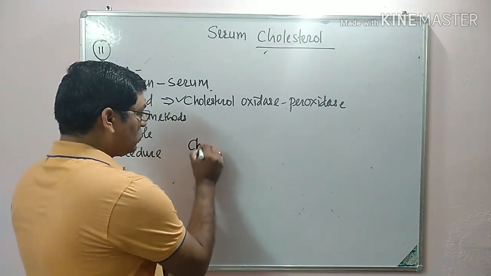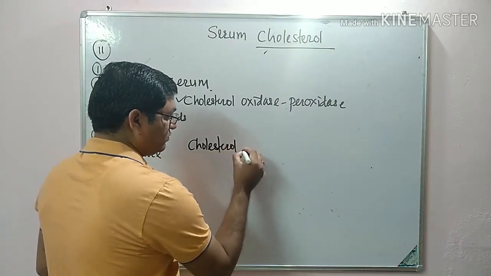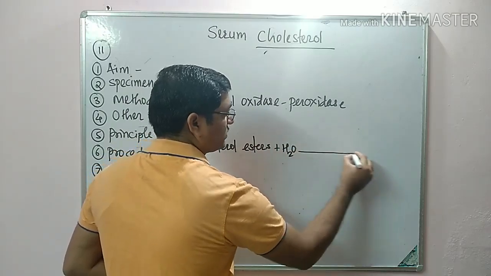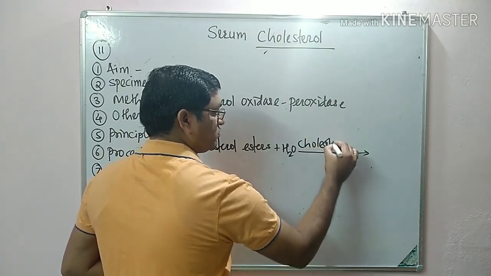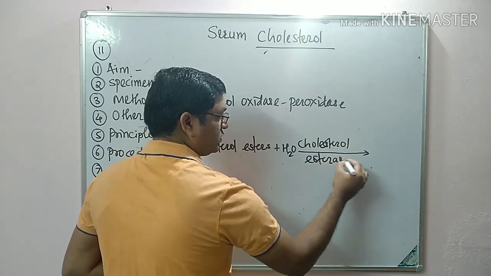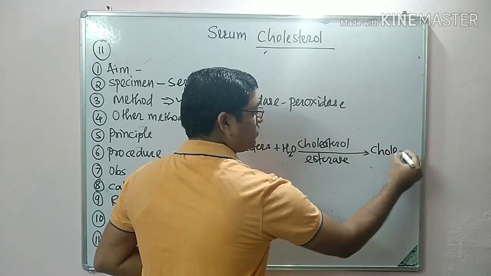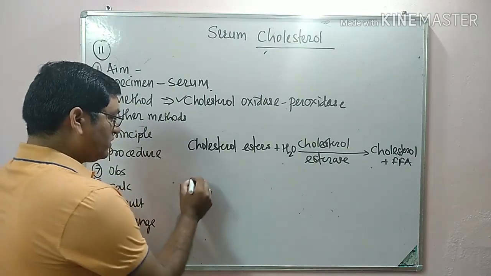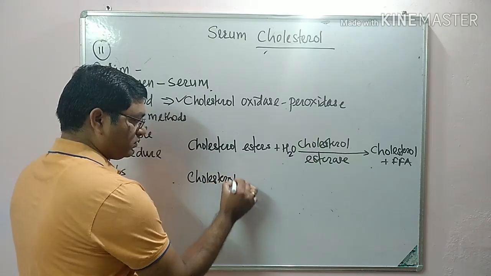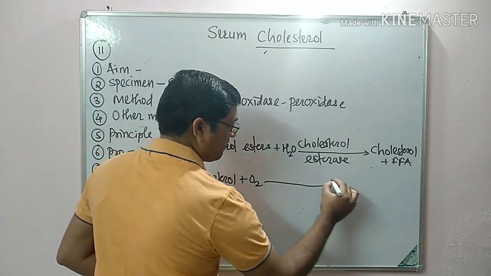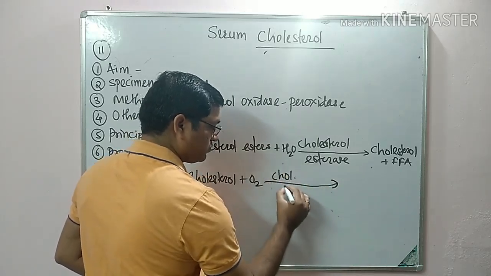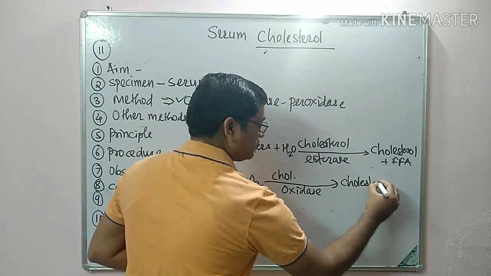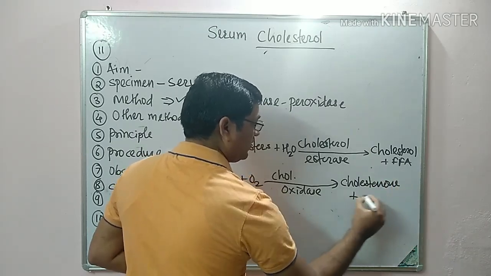So cholesterol esters are hydrolyzed by cholesterol esterase. It gives cholesterol, that is free cholesterol, plus free fatty acids. This cholesterol reacts with cholesterol oxidase to give cholestanol and hydrogen peroxide.